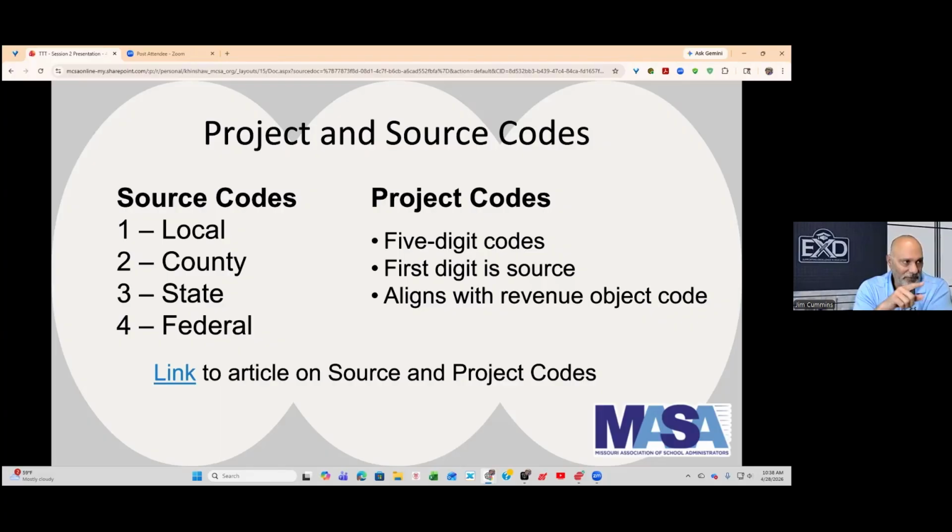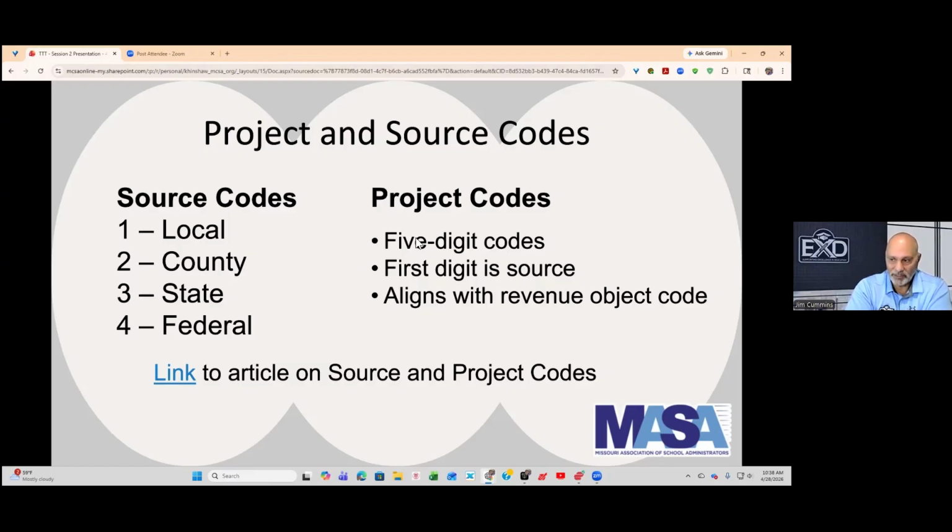So it'll be 5311 for your state aid, where the three is state, or it'll be 5451 for Title One, and the four will tell you that it's a federal fund. So that's pretty easy to get to.